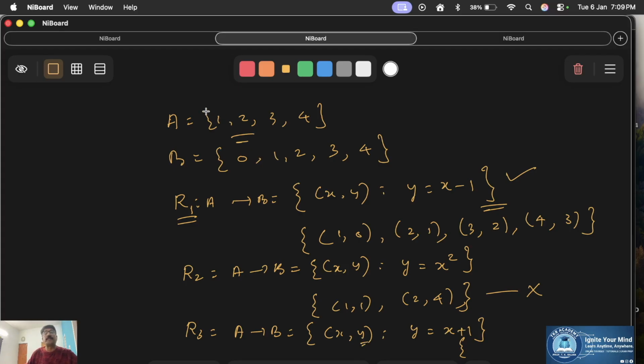So the image of 1 is 1 plus 1, 2. 1, 2, of course 2 is here. 2 has an image because 2 is associated with 3. 2 plus 1, 3. 3 is associated with 4. But 4 has no image here because the image should be 5, x plus 1. But 5 is not an element of B. So here 4 has no image in B. So every element does not have an image in B, and therefore this is not a function. So R1 is a function, R2 is not a function, R3 is not a function.